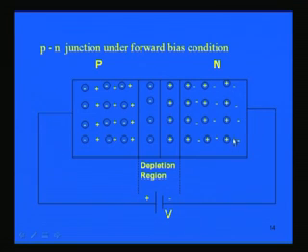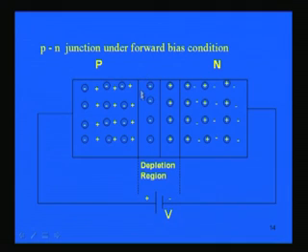Now, whenever we apply a positive voltage to the end of the P side, this positive terminal will repel the holes, and similarly the negative terminal will repel the electrons in the N side. These holes will come towards the junction and neutralize some of the acceptor ions on the P side.